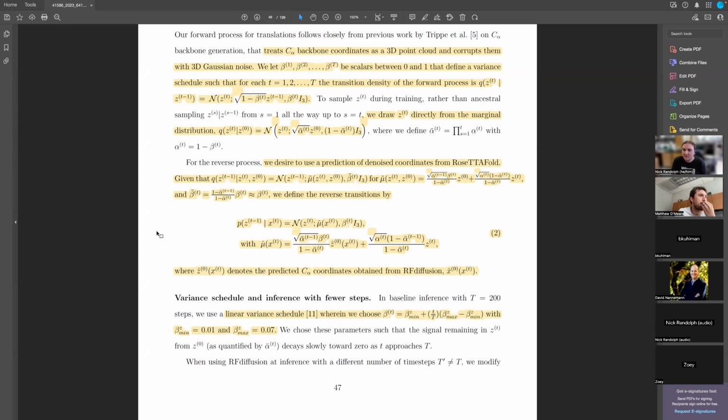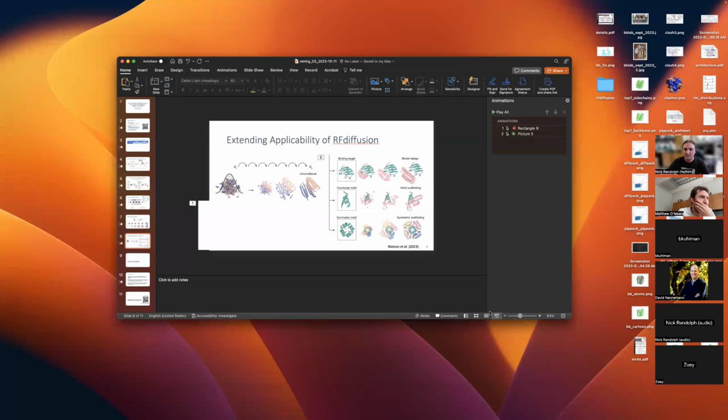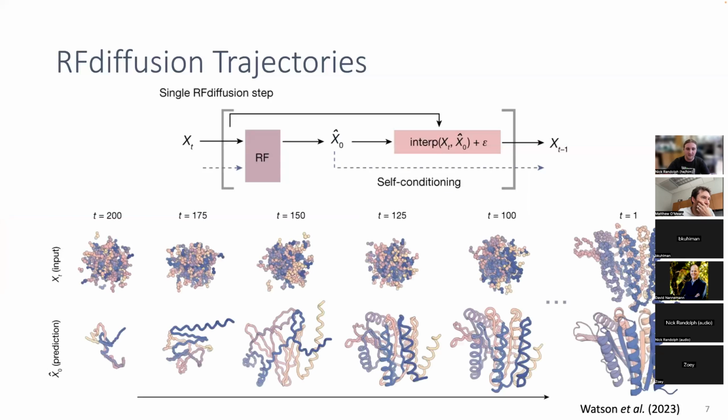But I guess maybe from the really noisy structures, you don't really expect it to predict the native structure. It's probably only the ones that are noised just a little that get closer to it. Yeah, exactly. So I'm going to jump back here real quick, because I think this highlights that.